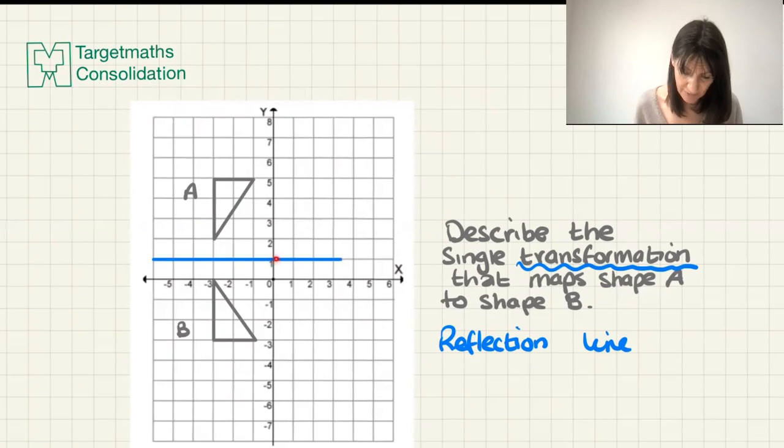So I can see it's going through 1 on the y-axis. So that is going to be y equals 1. If you manage to do that, really, really well done. Obviously, I'm just trying to bring another dimension to this topic in so that you're aware of it and you get an opportunity to practice it. Okay, so that was our first question.